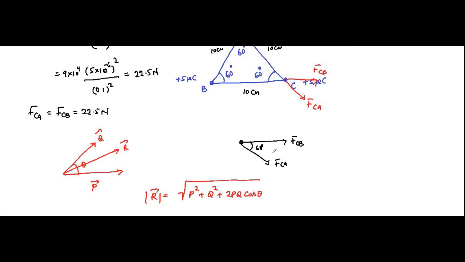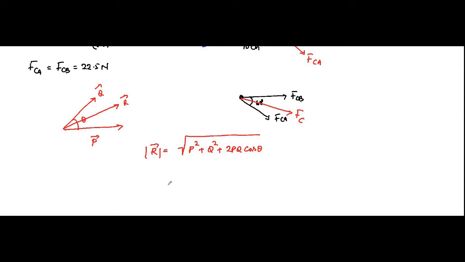So here we have to find this resultant force acting on C. The resultant force acting on C will be Fc vector, magnitude equal to root over Fcb whole square plus Fca whole square plus 2 Fcb Fca cos 60 degree.